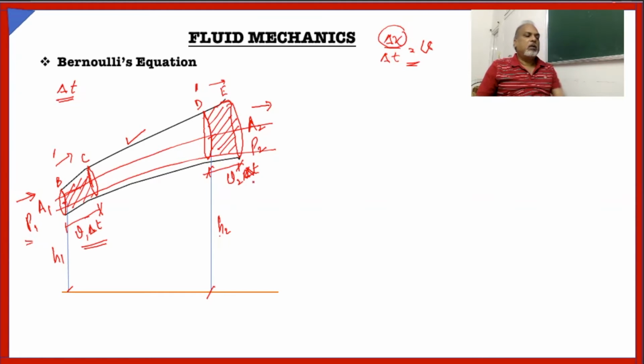Now, when it is advancing a distance of V1 delta T at this end, then what will be the work done?